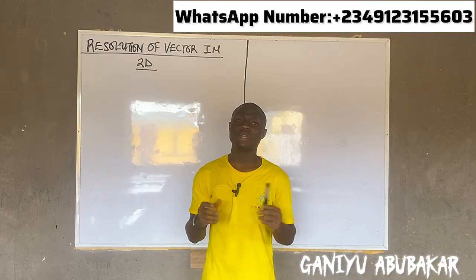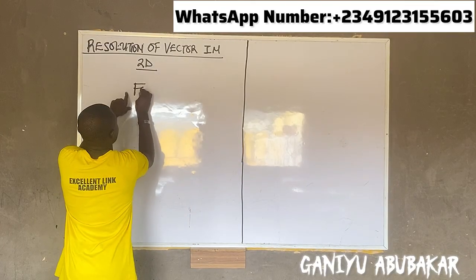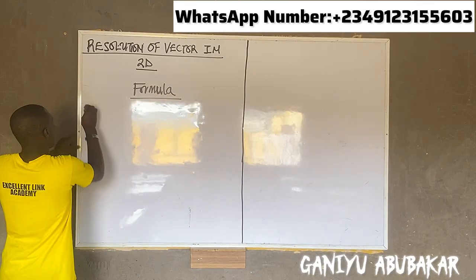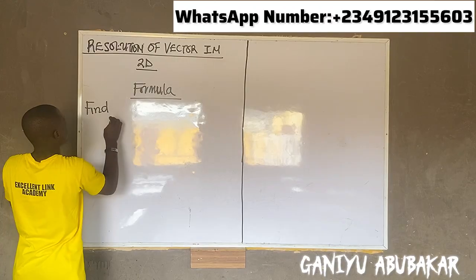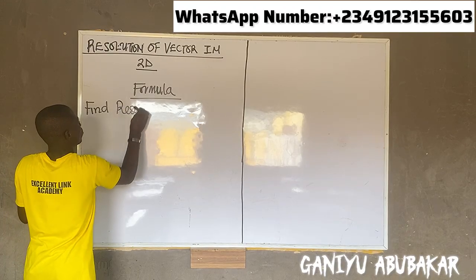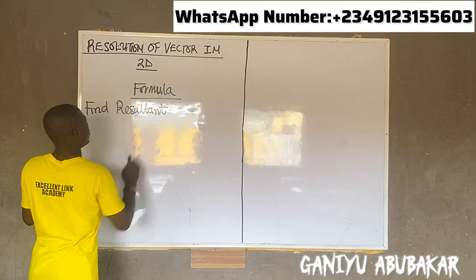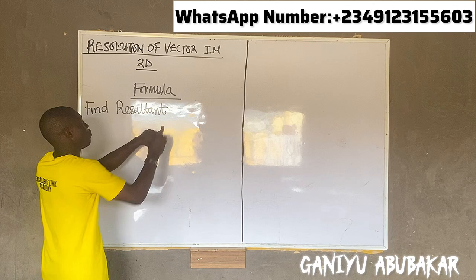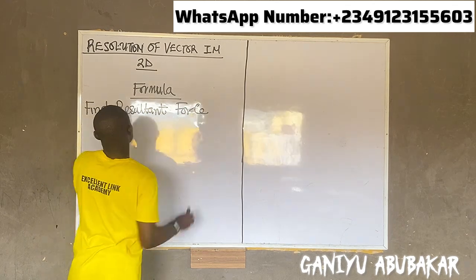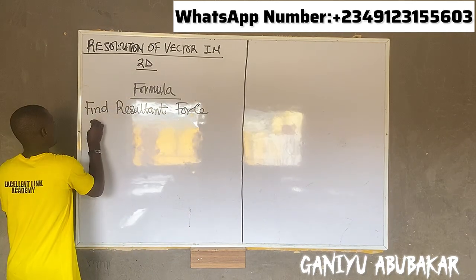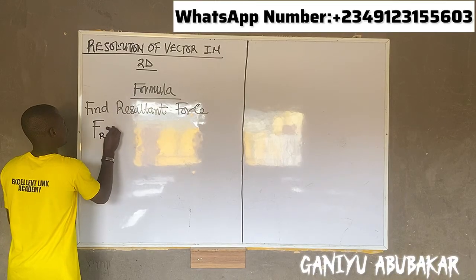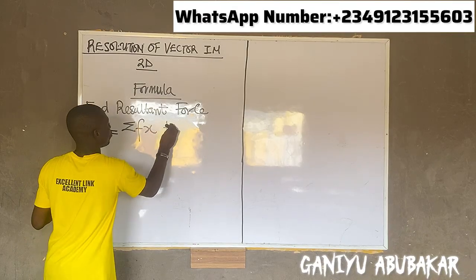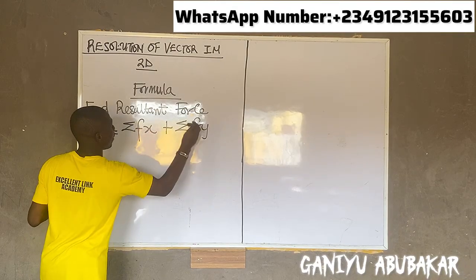All right. Know the following formulas as we proceed. If you are asked to find the resultant force, Fr is equal to summation F of x plus summation F of y.